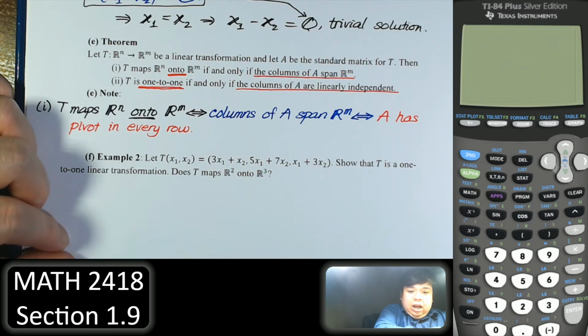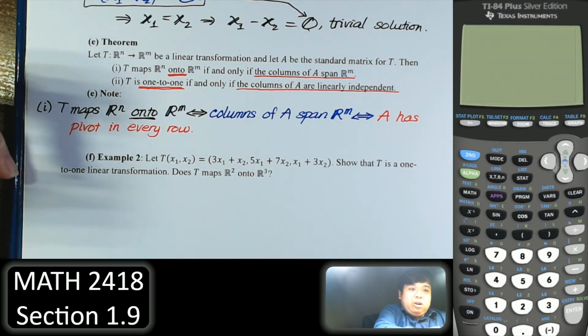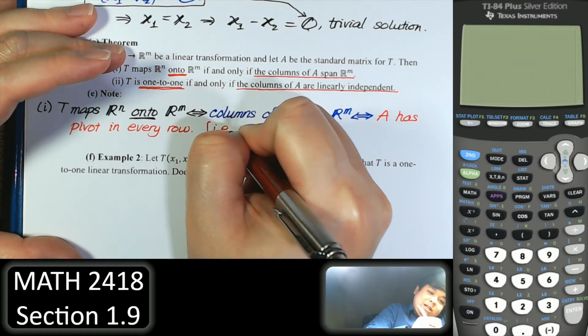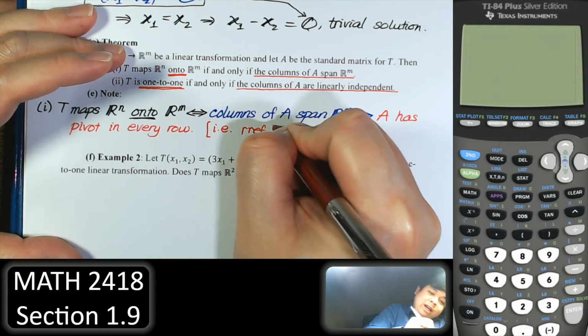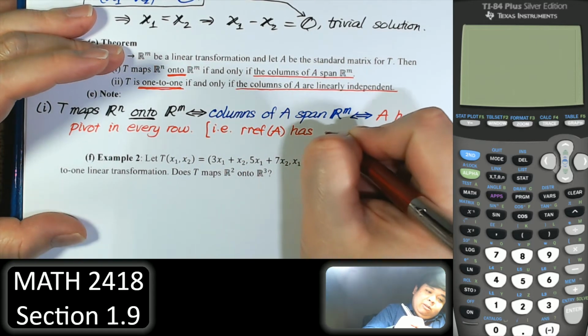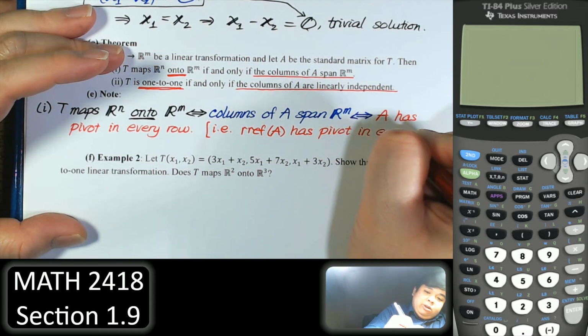Of course, when we say A has a pivot in every row, which is equivalent to practically we just look for, meaning that RREF of A has a pivot in every row.